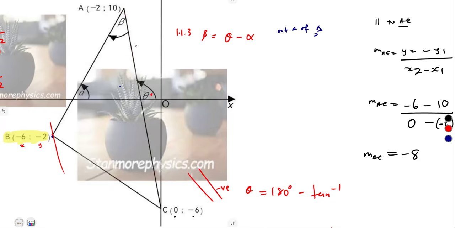So considering that theta is on the line AC, it is going to be arctan of the gradient of AC, which is actually the magnitude. You always take this one as a positive value. When substituting here, you consider the magnitude of the gradient.